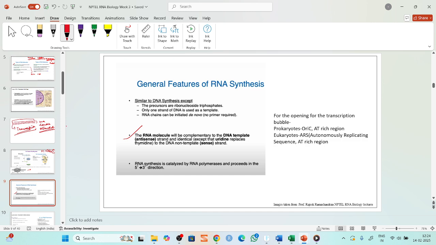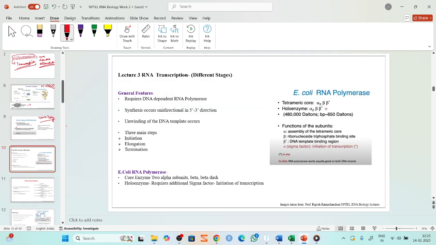Here the enzyme is RNA polymerase, but in the case of DNA, it is DNA polymerase. Now, for the opening of the transcription bubble, in prokaryotes you have an AT-rich region, whereas in eukaryotes you have an autonomously replicating sequence, which is also AT-rich only. Okay. So this completes lecture 2.